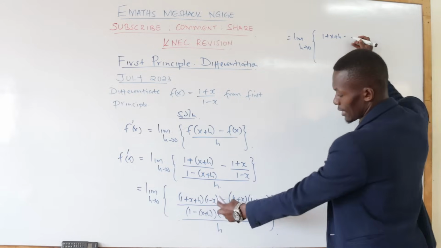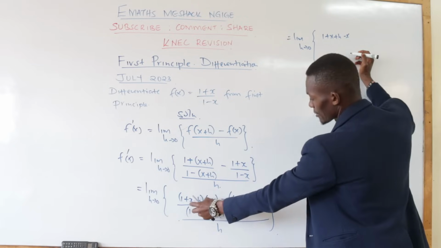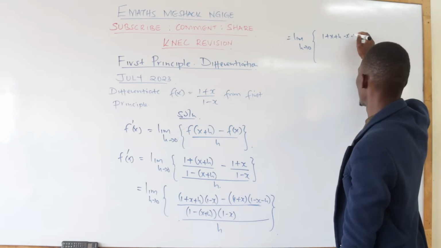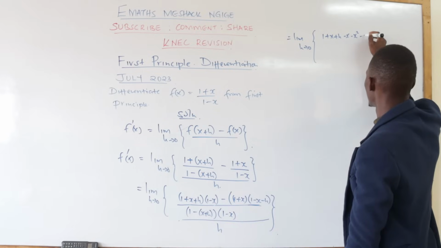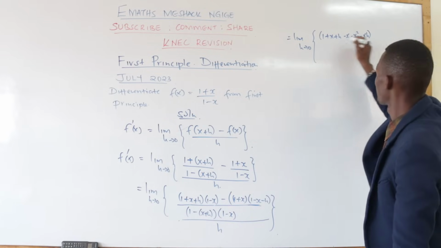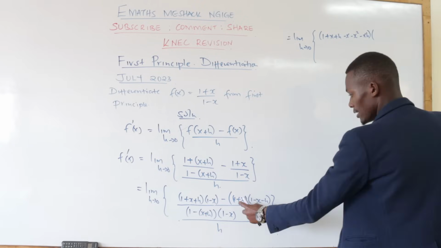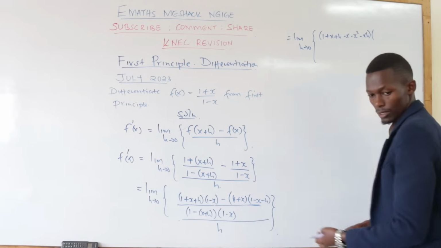So we'll have negative x times 1 is negative x. Negative x times x will be negative x squared. Negative x times h will be negative x h, right? You can bracket that. Then we have this term again, there's a subtraction sign here.